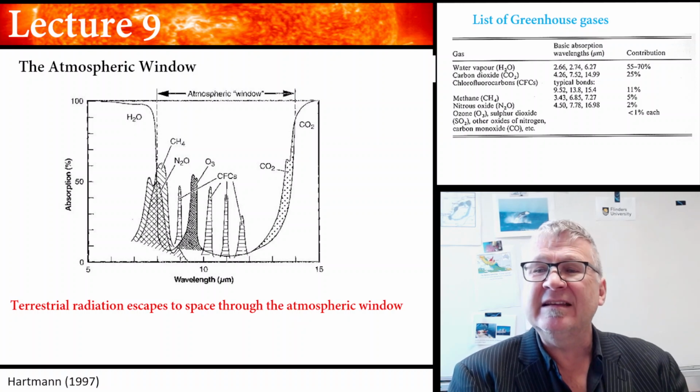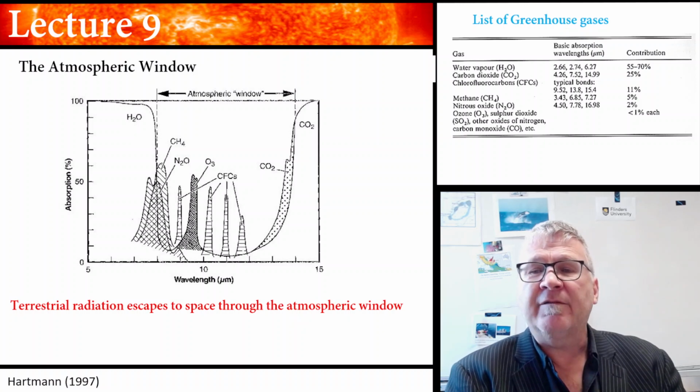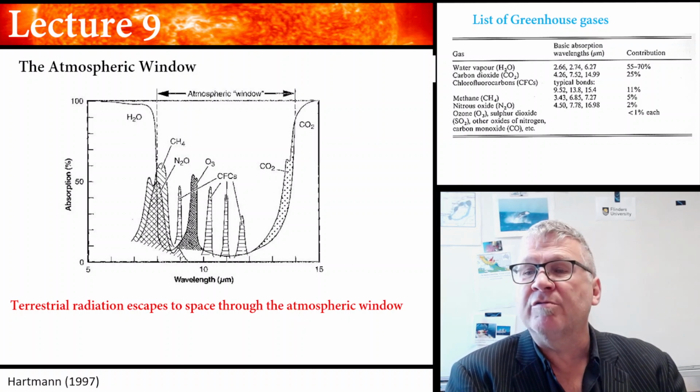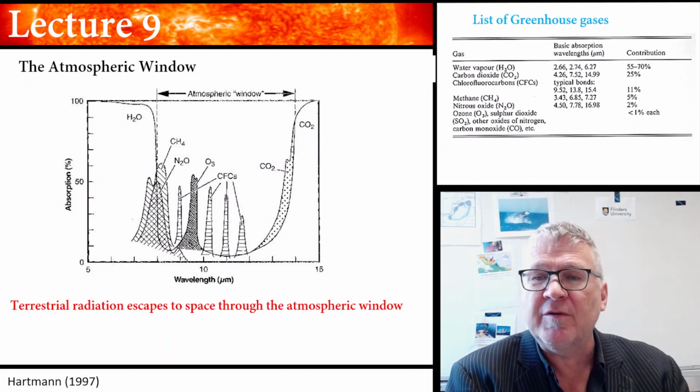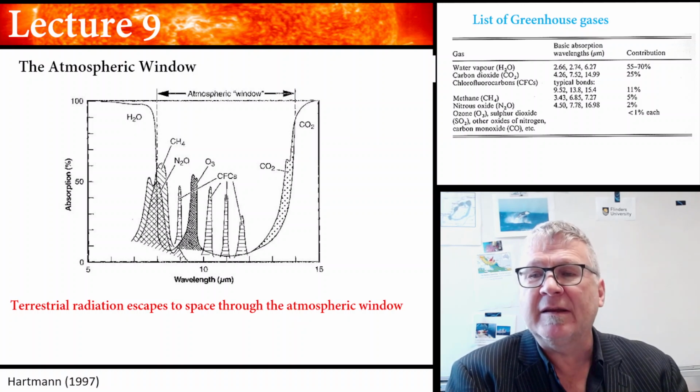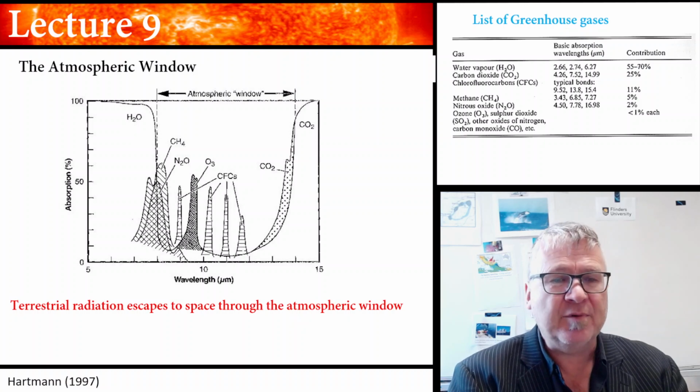There's a little list shown here, from the Hartmann book, showing the contribution to the greenhouse effect. Water vapor 55 to 70%, carbon dioxide 25%, CFCs 11%, methane 5%, nitrous oxide 2%, ozone less than 1%.